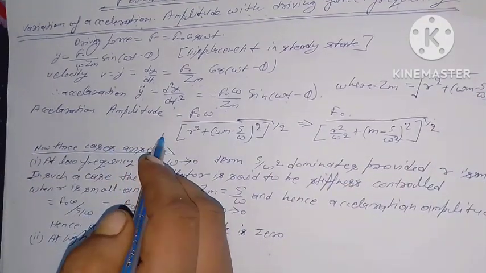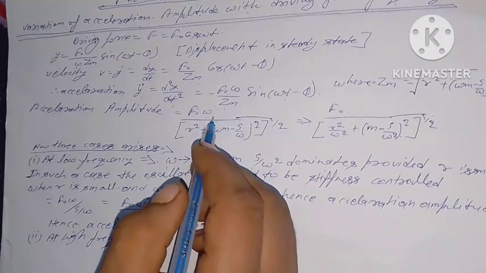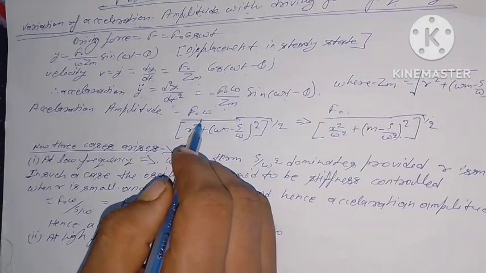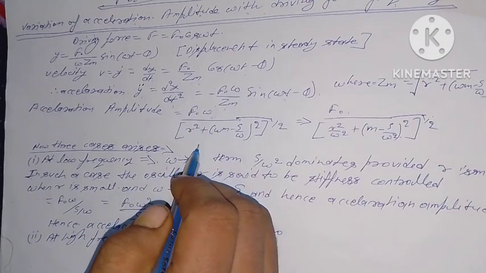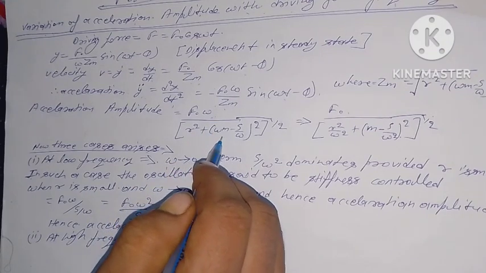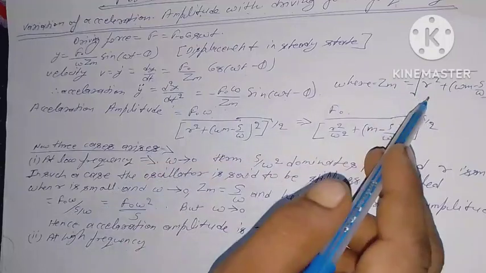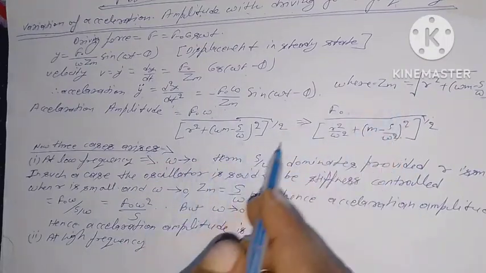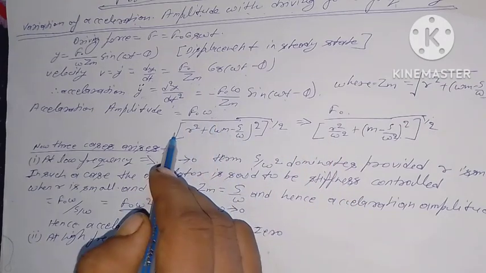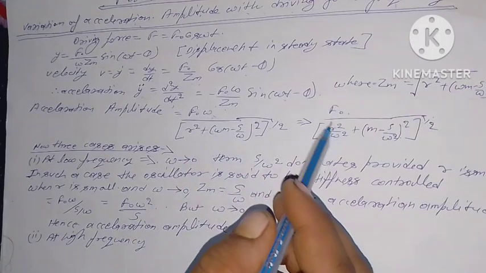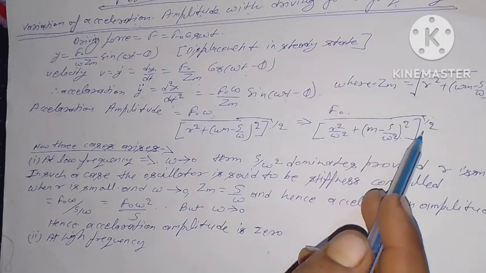Acceleration amplitude equal to F naught omega upon [r square plus (omega m minus s by omega) square] to the power 1 by 2, which is F naught upon [r square by omega square plus (m minus s by omega square) whole square] to the power 1 by 2, the omega being common and cancelled.